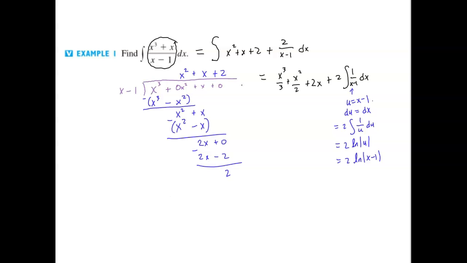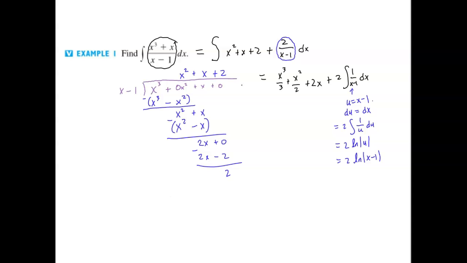So here's what I'll say. When you're trying to integrate a situation like this that's just a constant over x plus or minus another constant, it's just going to be that constant times natural log absolute value of whatever the denominator is. The only time you'll run into an issue is if you have a multiplier on your x.